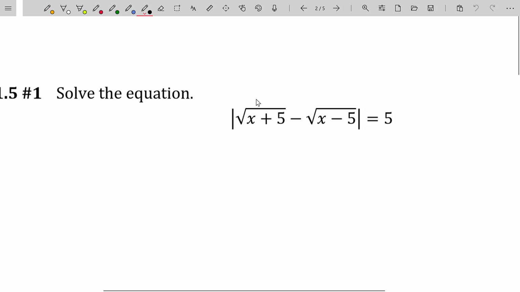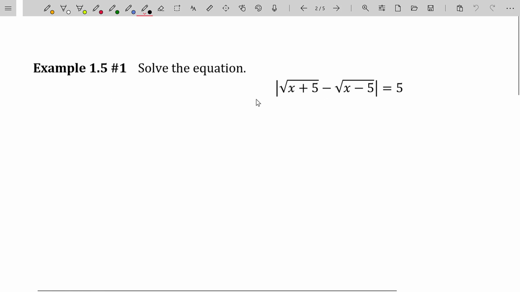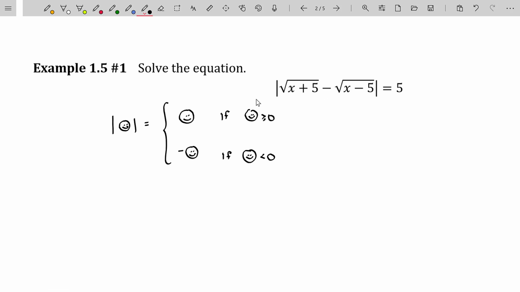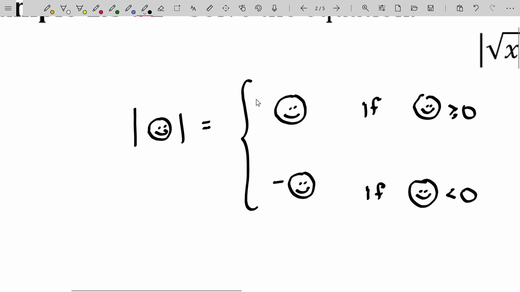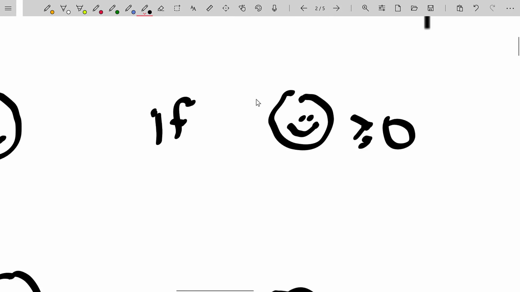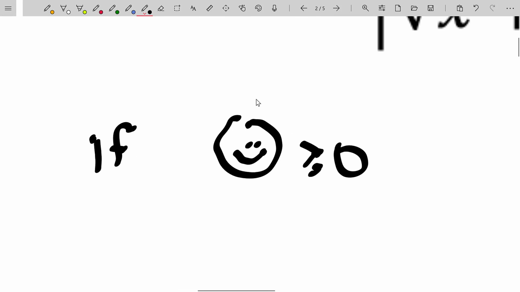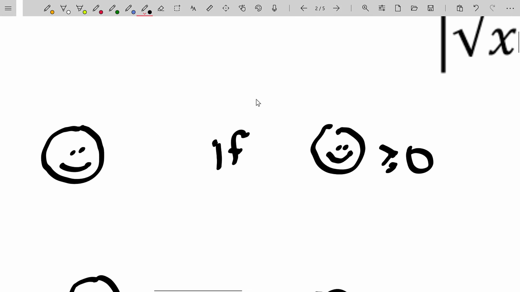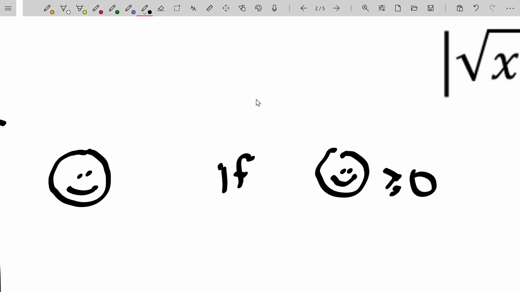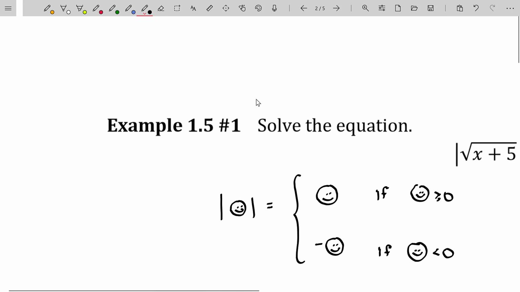You should recall from your college algebra material that the absolute value function is a piecewise defined function. The absolute value of something, well, if that something was already positive or at least non-negative, then there's no reason to have the absolute values and you could rip them off. There we go. So if that happy face was already positive, you could just take off the absolute values.